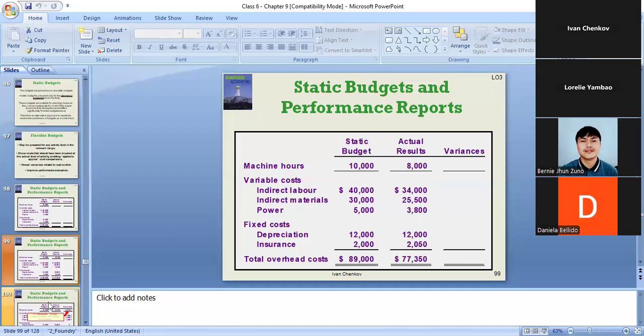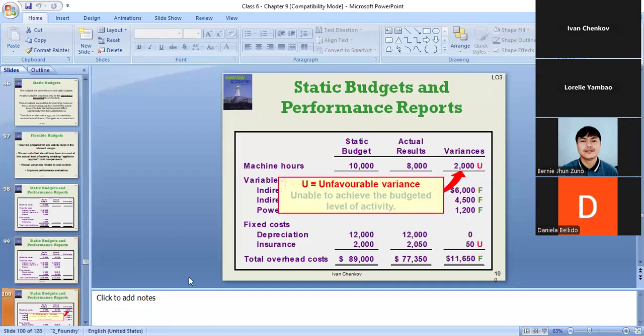So if we prepare this variance analysis, basically we're going to compare the budget versus the actual. If we budget for 10,000 hours and we're working only 8,000 hours, that means we're using the machine 2,000 hours less.